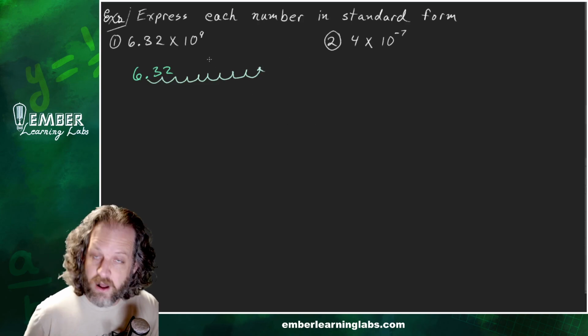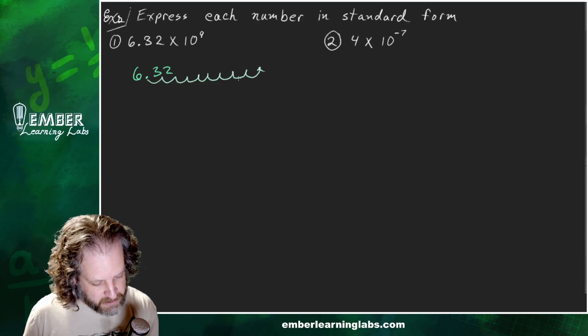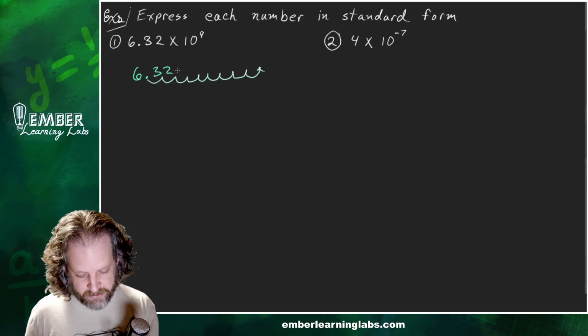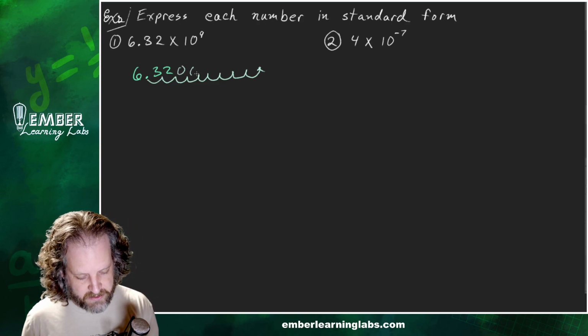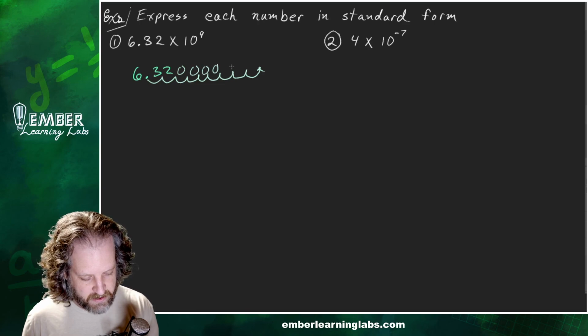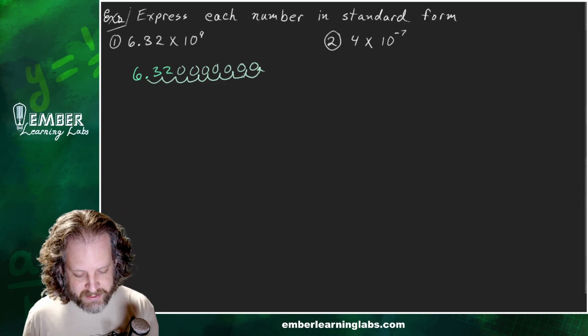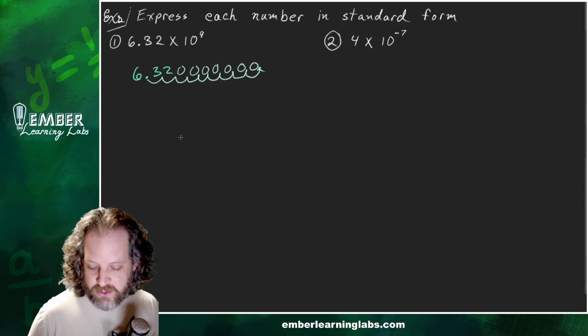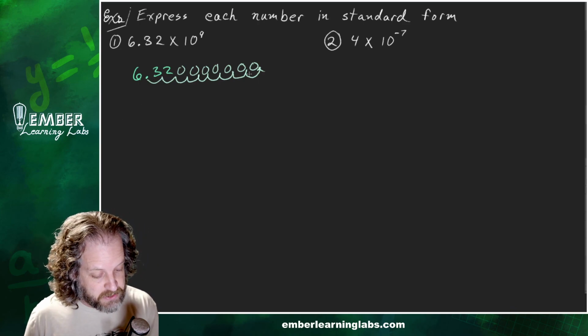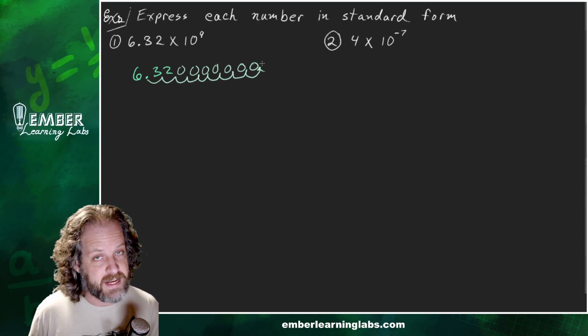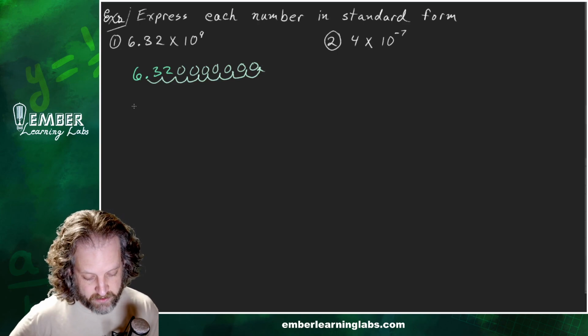Now, what do we do with all this extra mess? Well, all of the empty bounces, empty bubbles, they get zeros added to them, right? We stick zeros in there. And then I like to, and I want you to as well, rewrite this number without all the ugly drawing stuff. So remember, these bounces are actually moving the decimal, so don't put the decimal in both places or something weird, right?